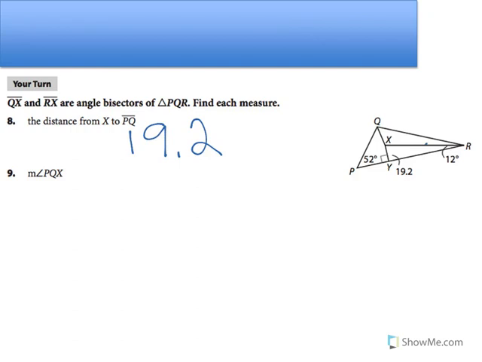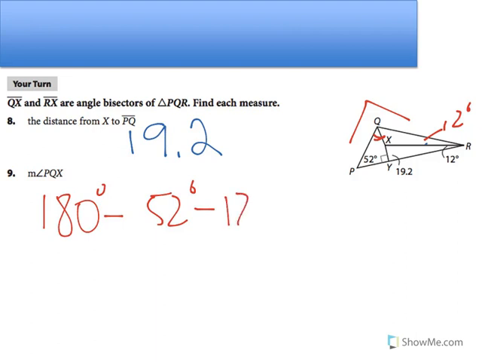To solve for PQX, we're looking for this angle here, but first we need to solve for the larger one. We're saying that this is also 12 degrees, so we can take 180 minus 52 degrees minus 12 minus 12.